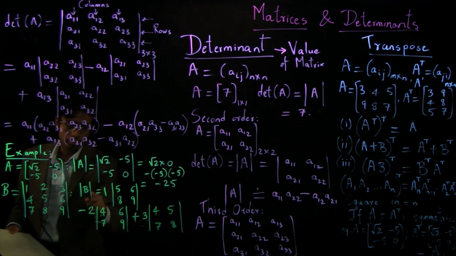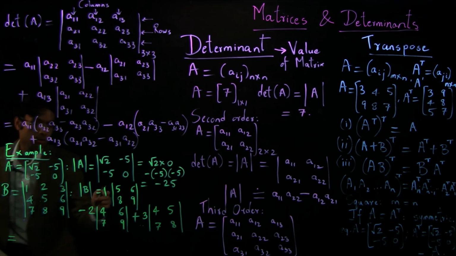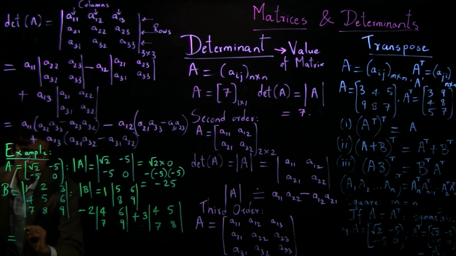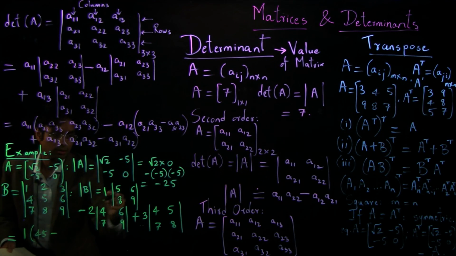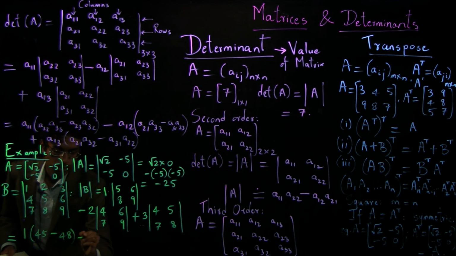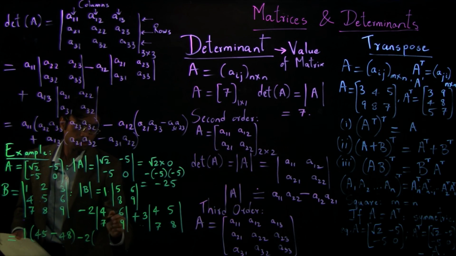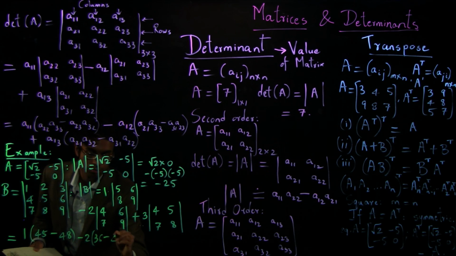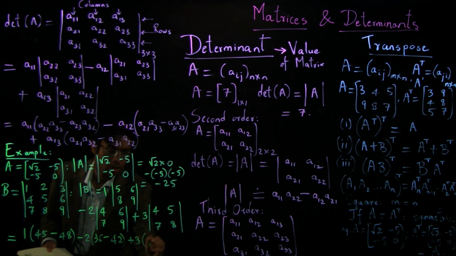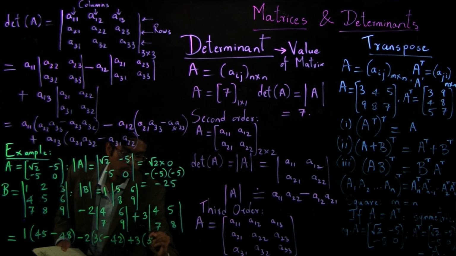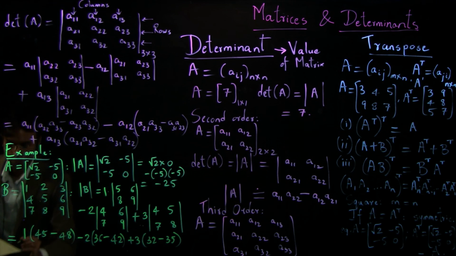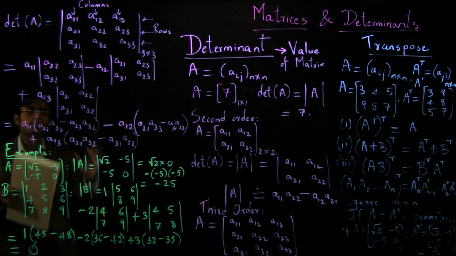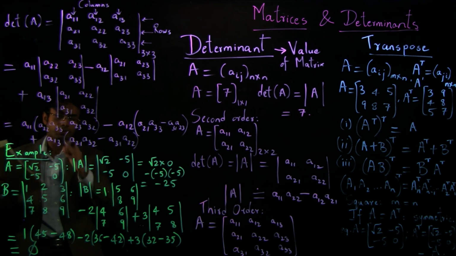And continuing down here, the first term is 1 times 5 into 9, so 45 minus 48, minus 2 times 36 minus 42, plus 3 times 32 minus 35. And so the value of this determinant comes out to be 0. And that is the step-by-step way to calculate the value of a third order determinant.